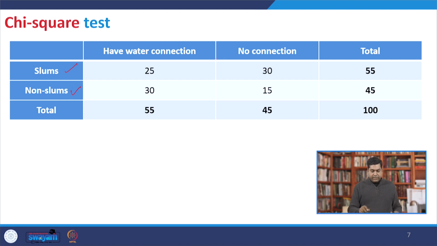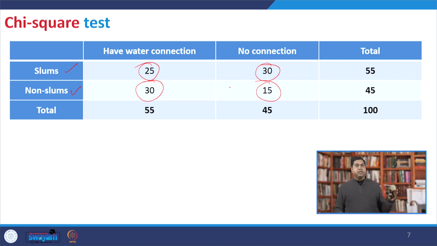So have water connection or no connection. Here are the figures: slums having water connection 25, no connection 30, non-slums 30 households having the water connection, and 15 having no connection.